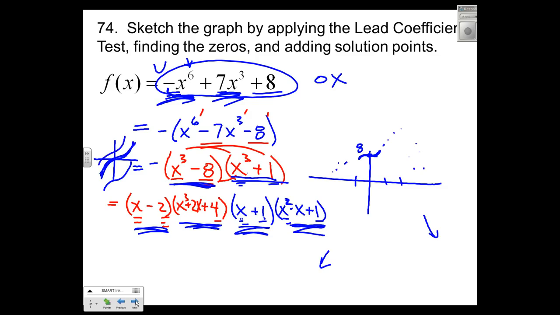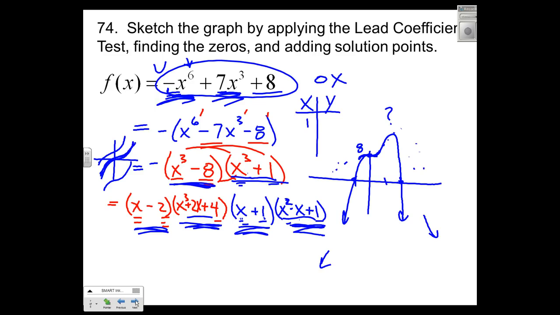It only has 1 zero. These will never give us another 0. So 0 here, 0 here, down through there. The only question that remains maybe is how high this goes. So we could freshman graph, make a t-chart, maybe put a 1 in and see how high up we go.